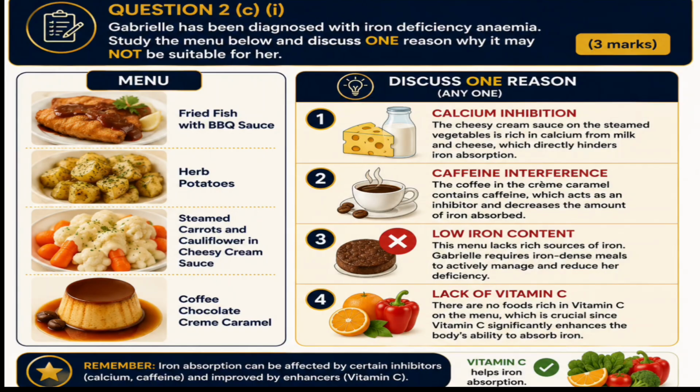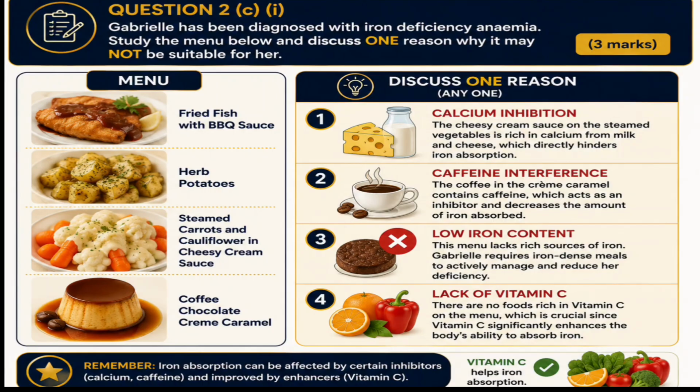Or 3, we could say this meal is low in iron content. Good. This menu lacks rich sources of iron. Gabriel requires iron-dense meals to actively manage and reduce her deficiency. And 4, we have lack of vitamin C, right? Now, there are no foods rich in vitamin C on the menu, which is crucial since vitamin C significantly enhances the body's ability to absorb iron, right?